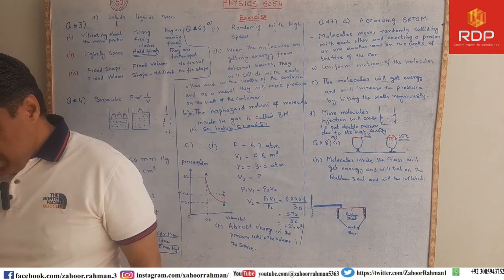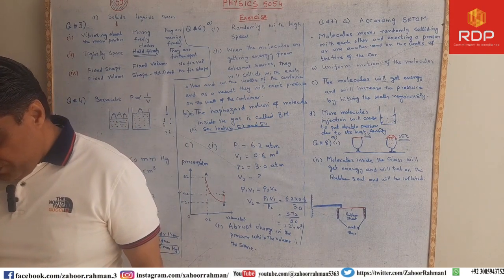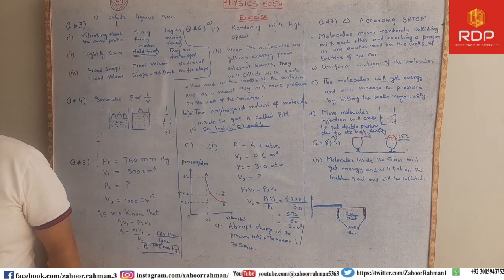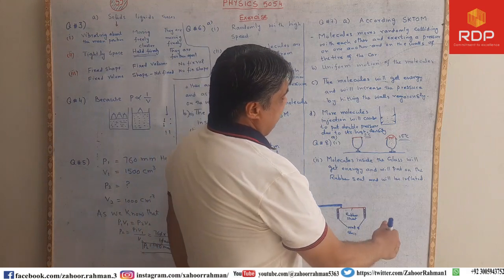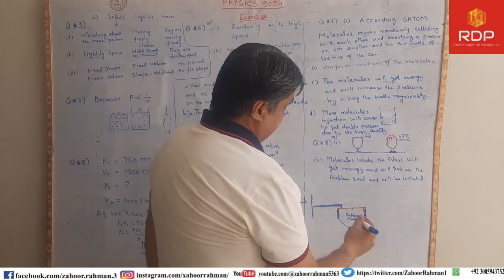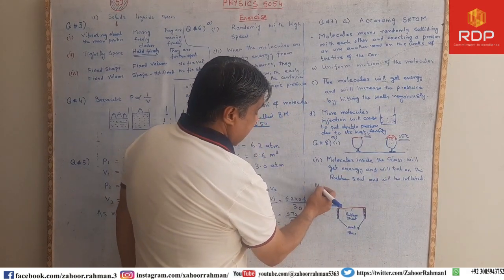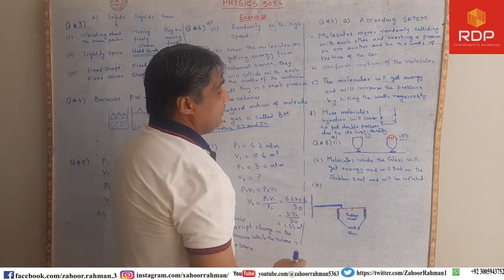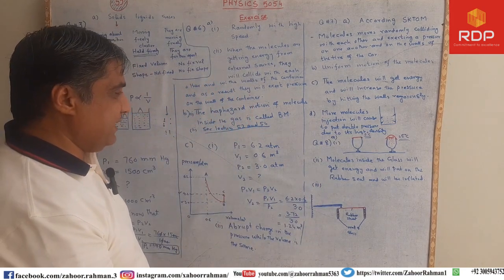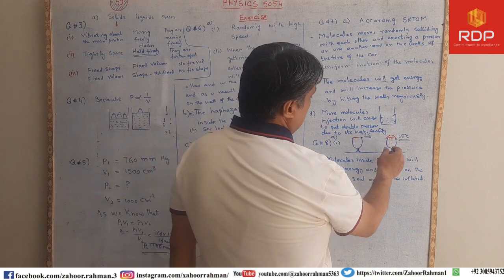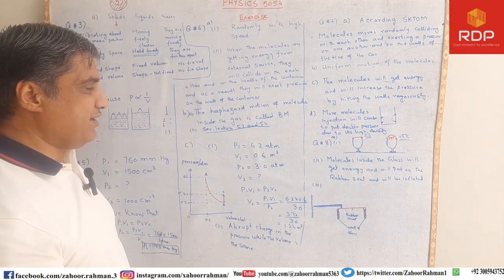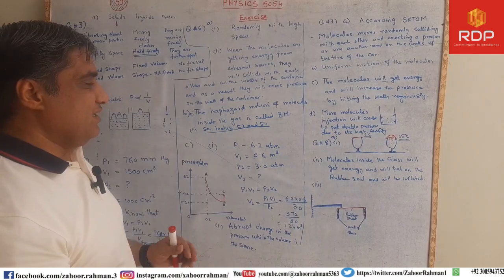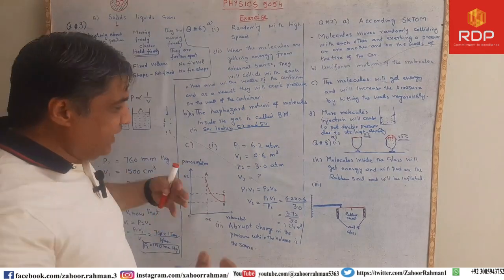Okay, third part: account for the fact that the change takes place slowly. When you are putting it in the chamber, the heating cabinet, the molecules will not be getting hot very quickly.